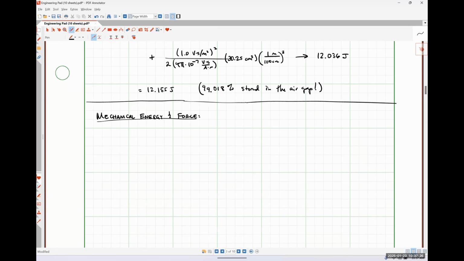I'm going to redraw our little relay picture again. I'm going to just throw this together really quickly. I'm not going to label too much because that's not really the important part.